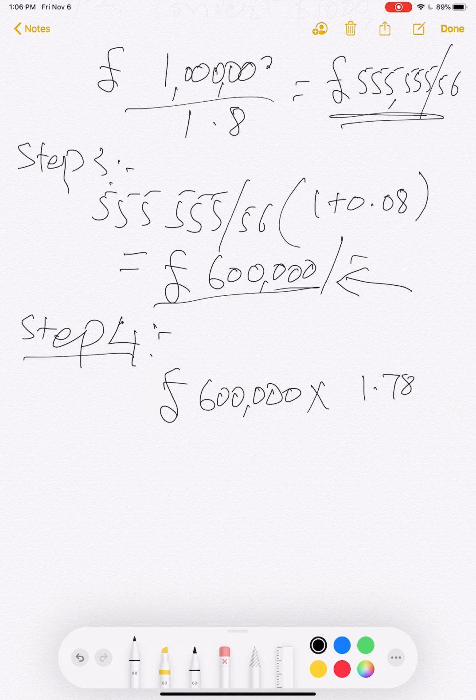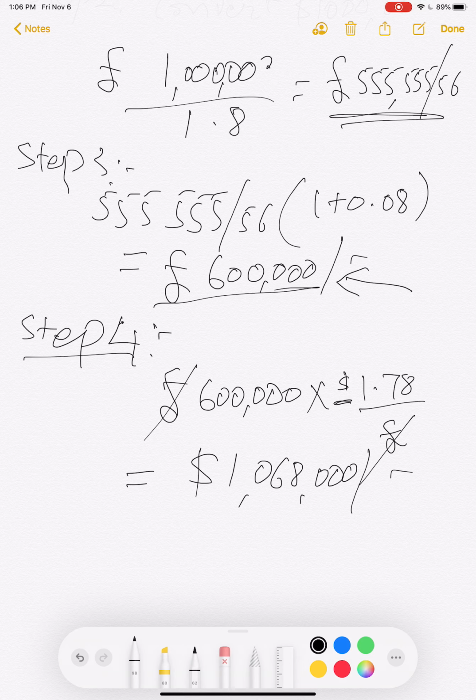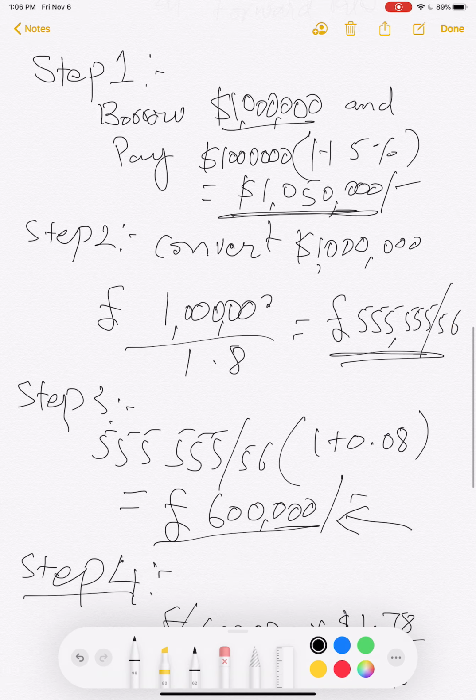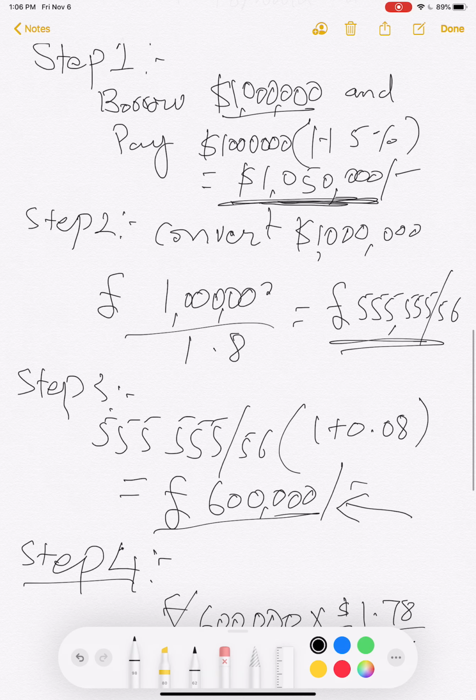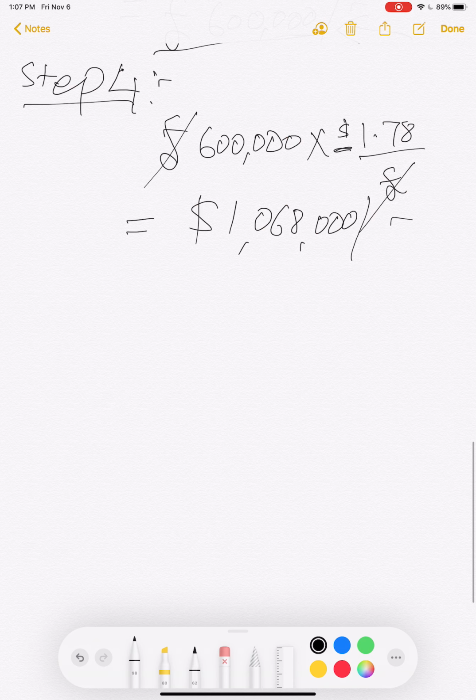And this was your dollars divided by pounds, right? But because pound and this pound will cancel, all you will be left with is dollars. So after the conversion, you will get 1,068,000 back. Now, how much do you need to pay your lender? You needed to pay in step 1 to your lender 1,050,000.